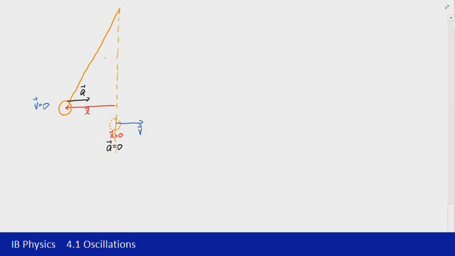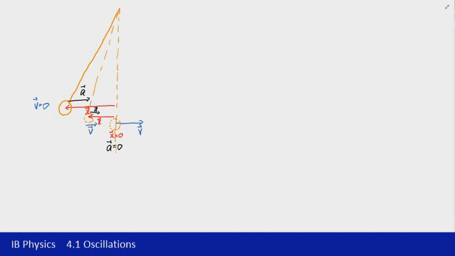If we consider somewhere partway in between, so as the string's moving in that direction, you can see that the displacement is a bit smaller, which means likewise that the acceleration is going to be smaller at that particular point as well, but still in proportion to the displacement, and the velocity is going to have increased from 0, but it won't quite be as big as it was in the equilibrium position.